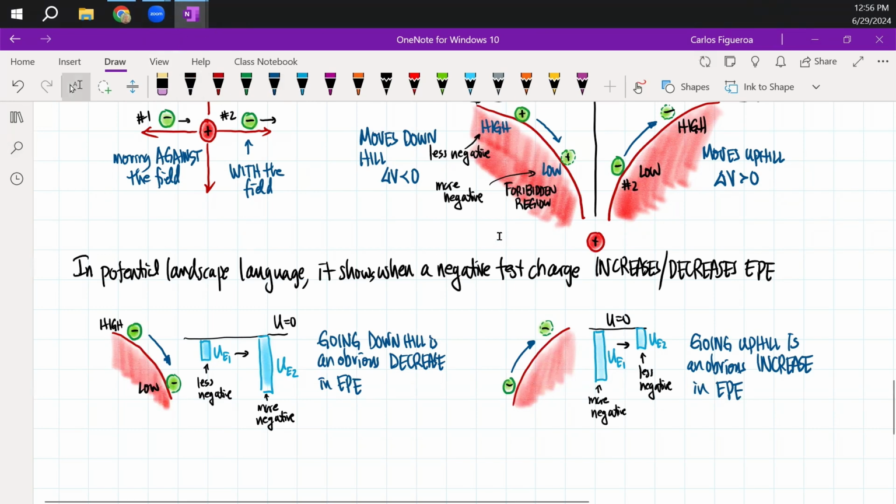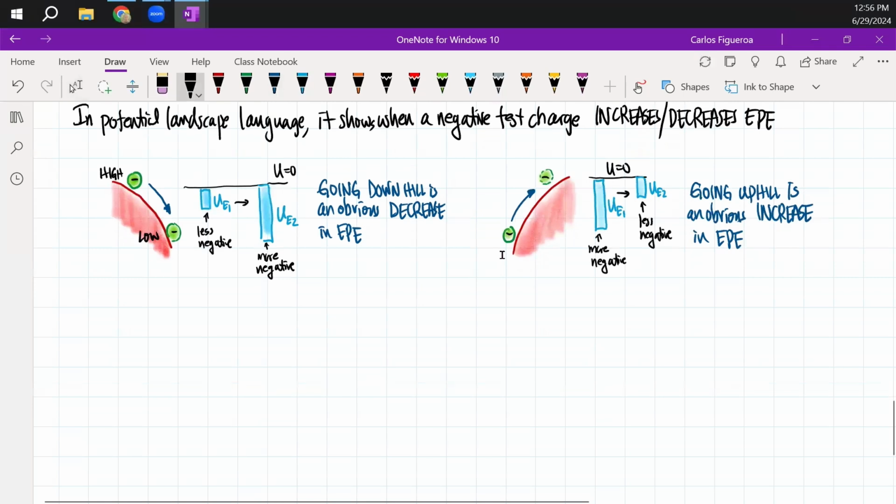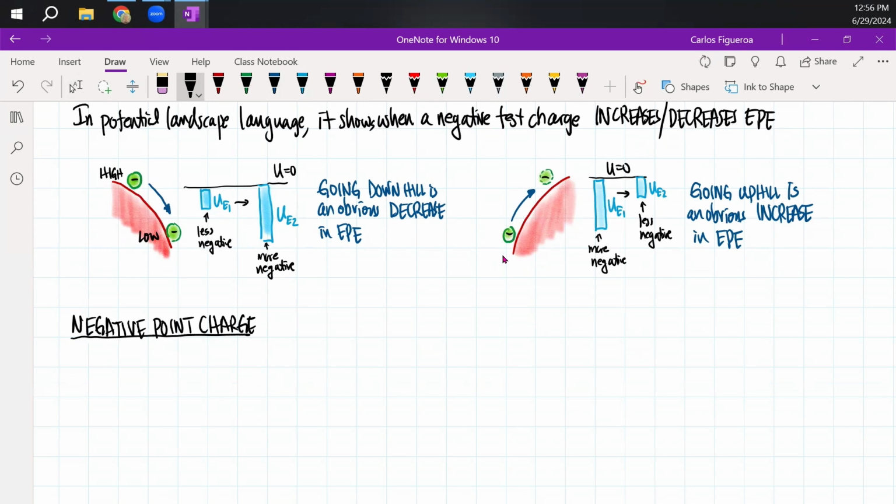So now we could talk about a negative point charge. I can now summarize what we just did for the positive charge.